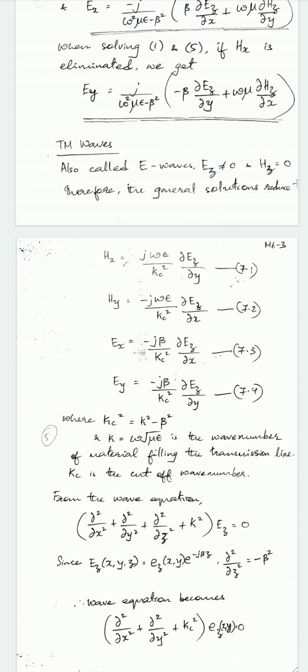Now we know what Ez is, then differentiate with respect to y, that will be Hx. Similarly we can differentiate Ez with respect to x into minus j omega epsilon by kc square is Hy. Then differentiating again Ez with respect to x, into minus j beta by kc square is Ex, and similarly Ey is minus j beta by kc square dou by dou y of Ez.